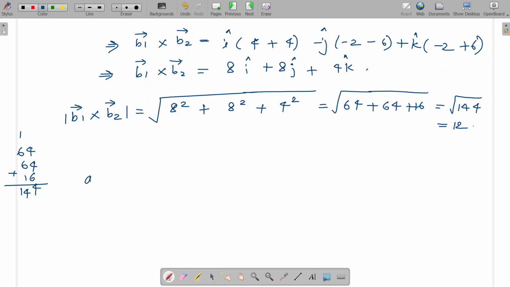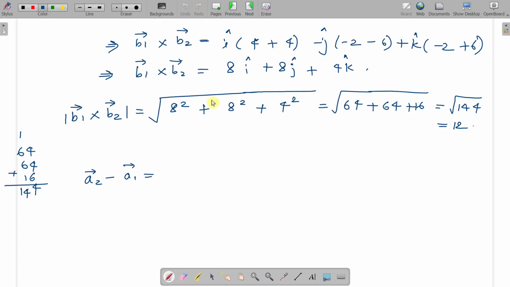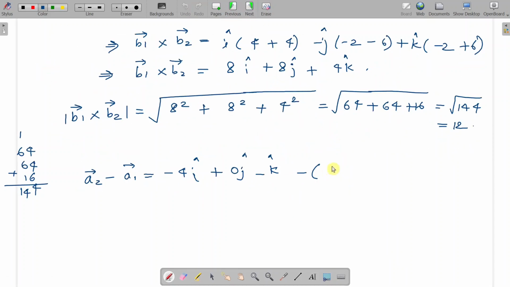Now we will find a2 bar minus a1 bar. Okay, so a2 bar is this, minus 4 i cap plus 0 j cap minus k cap, minus a1 bar, so minus 6 i cap plus 2 j cap plus 2 k cap.